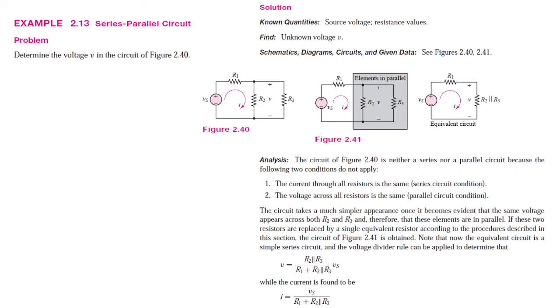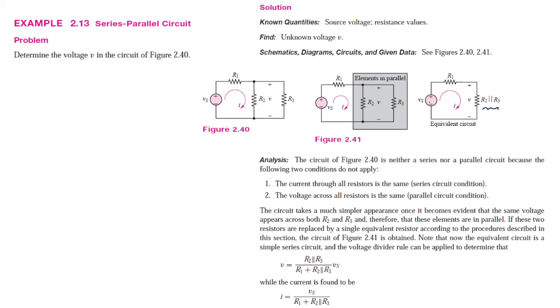Then in this example, we have both series and parallel circuit. We have parallel elements and we have a series circuit. So again, this circuit is still not difficult for you. We can compute for the elements in parallel. R1 and R2 are parallel to R3. Then we add R1 and this value together.